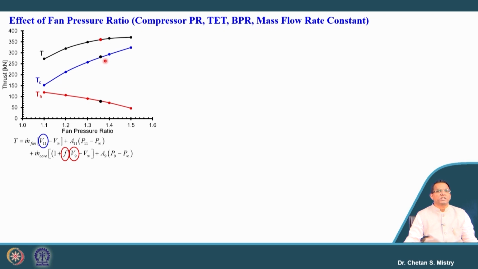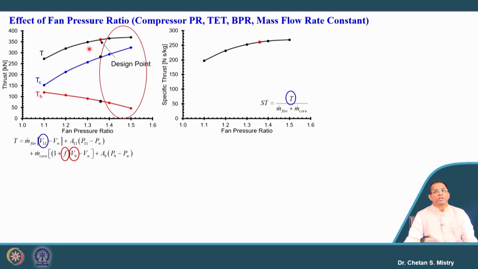In an overall sense, for this engine, the thrust will increase with the increase of fan pressure ratio. The next parameter is specific thrust. Since specific thrust is thrust divided by the overall mass flow rate, and this mass flow rate is constant, the specific thrust will increase with the increase of fan pressure ratio.